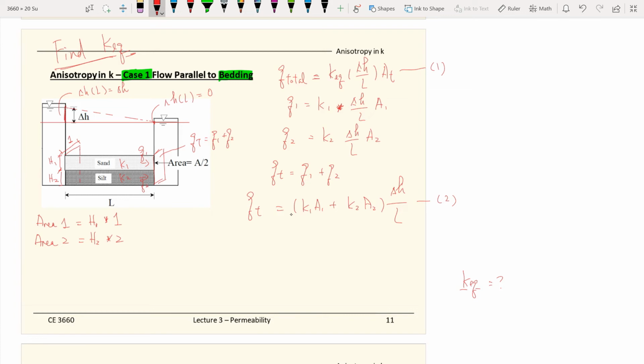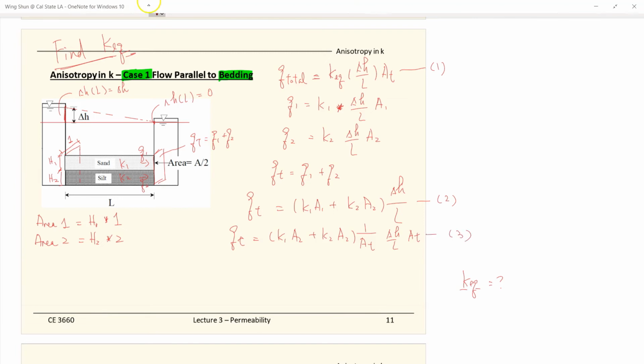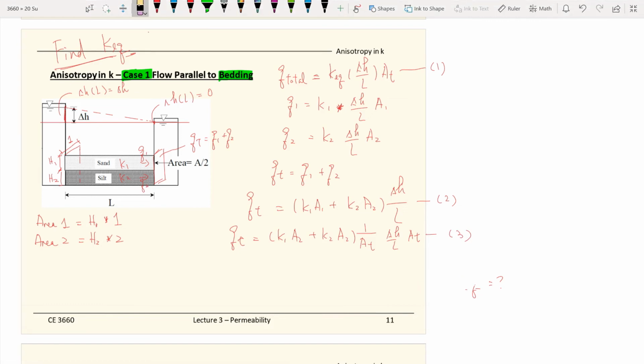Now let's do some math here. From equation 2, if I divide the whole thing by the total area and then multiply it back, mathematically that's the same. So mathematically, I can divide the whole thing by the total area but multiply it back, just like multiplying the whole thing by 1.